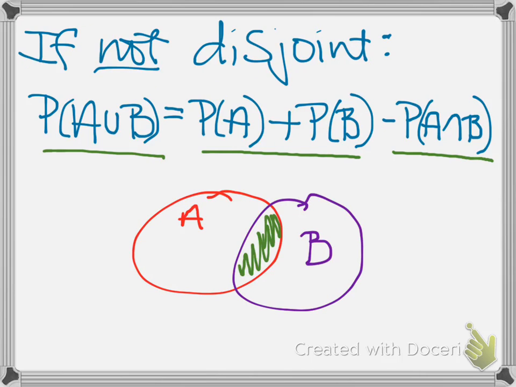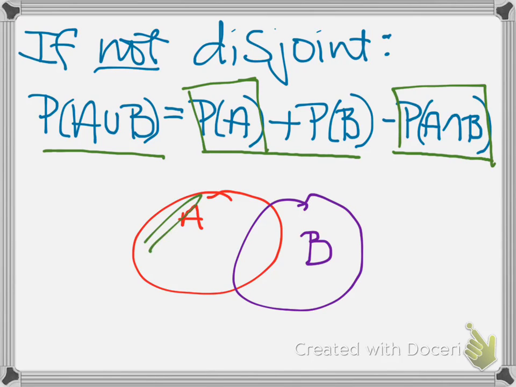But here on this slide, because the two events overlap each other, if we didn't subtract the probability of their intersection occurring, then we would double count that portion of our Venn diagram. So let's use the Venn diagram and take a look at what I mean. Here in the formula we say, all right, we want to add the probability of event A, which of course is this entire area here.